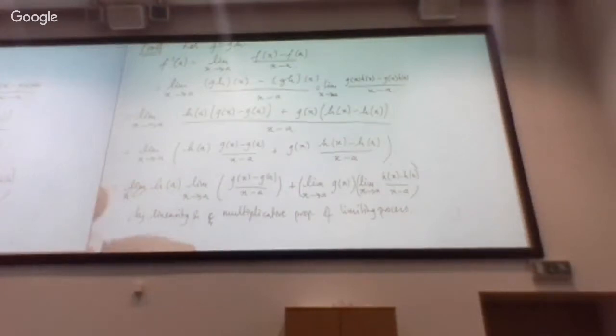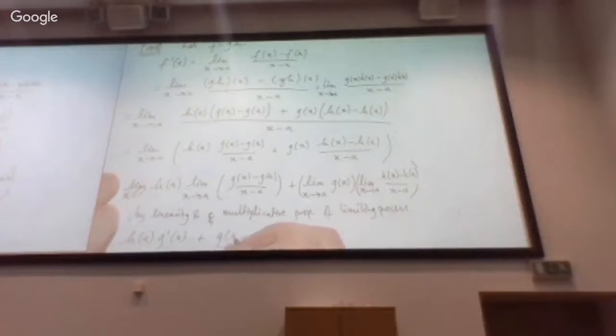So this is h of a times the derivative of g at a plus g of a times the derivative of h at a. So that just follows from the definition of the derivative and the fact that g is continuous.